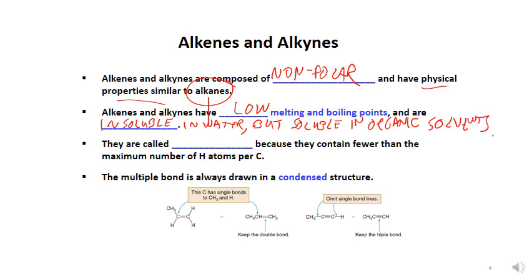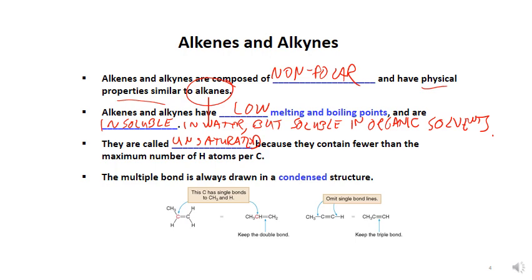Now, remember what we talked about before about saturated versus unsaturated? If you're saturated with water, that means you're holding the most amount that you can. So would you expect an alkene or an alkyne to be considered saturated or unsaturated? And it's pretty clear that they're unsaturated. Okay.